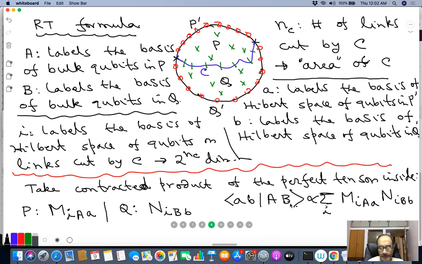This map included the sum over the links also. So that's the surprising fact that even if the bulk state is a product state, the boundary has entanglement. And we will see later that if the bulk state is entangled, then that basically gets added to the Ryu-Takayanagi formula.